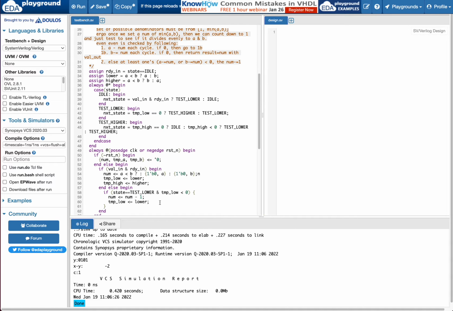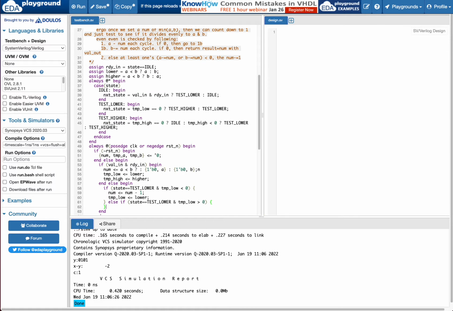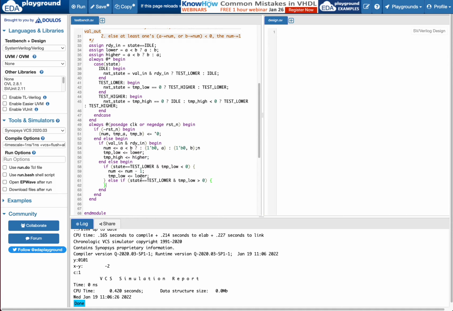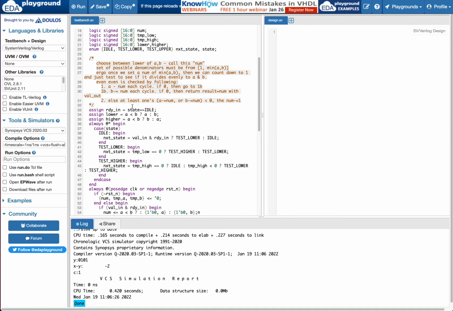And if this is greater than 0, then this is simply this.